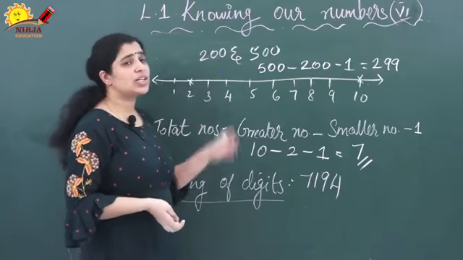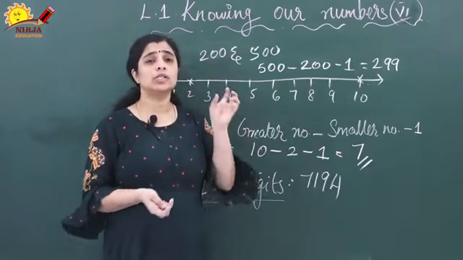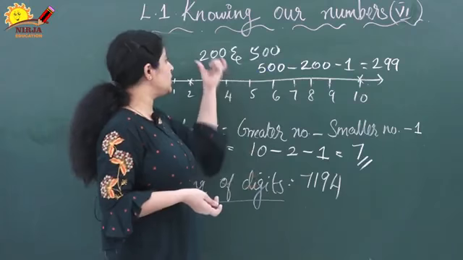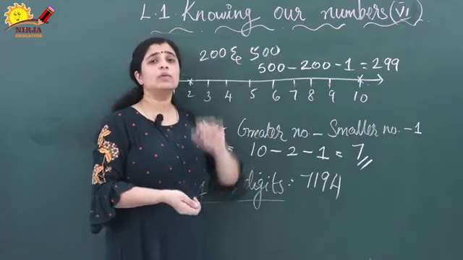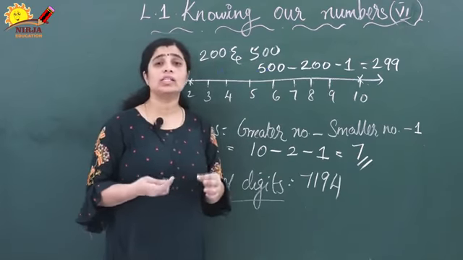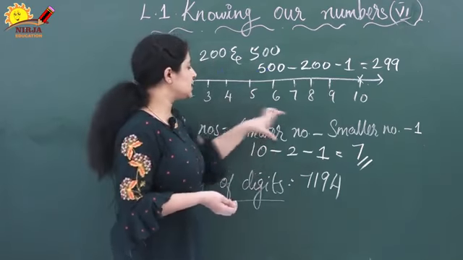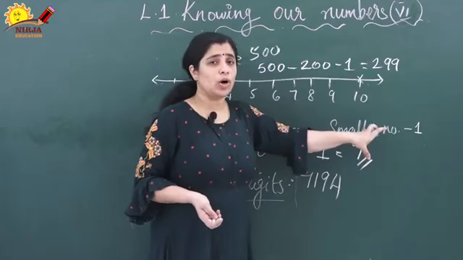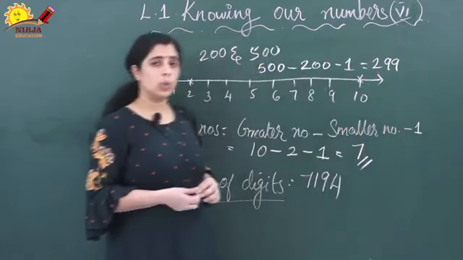So 299 numbers will be there in between 200 and 500. Using this formula you can calculate this easily, that means greater number minus smaller number minus 1.